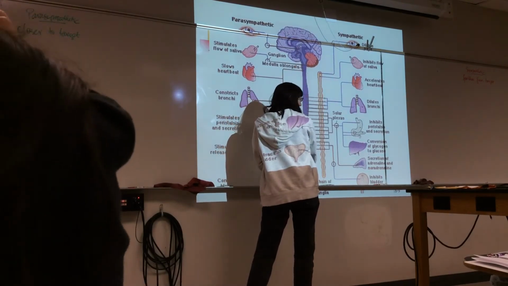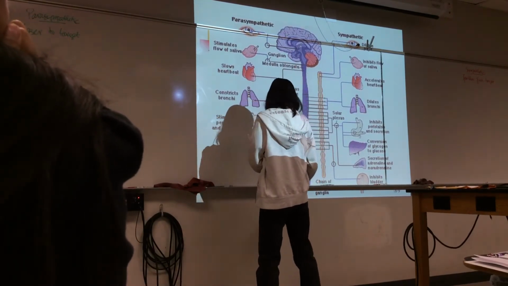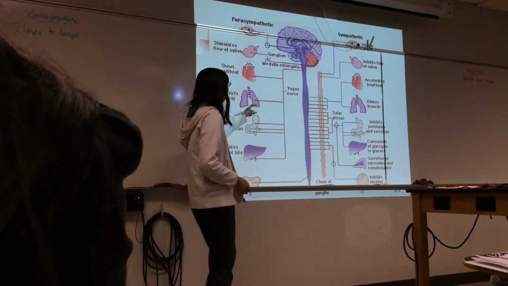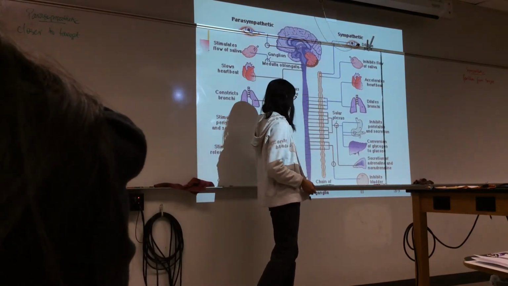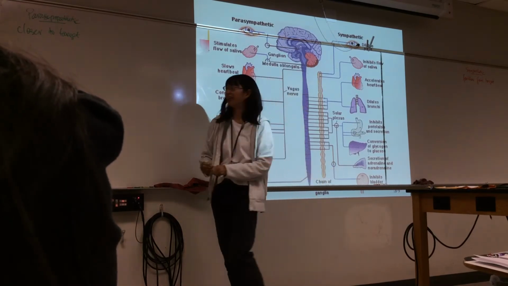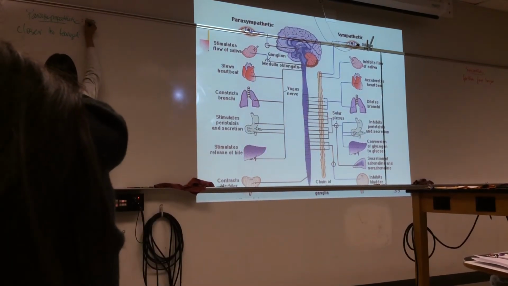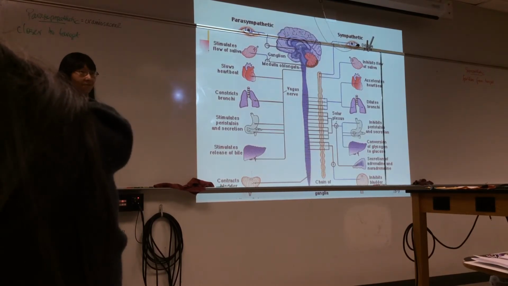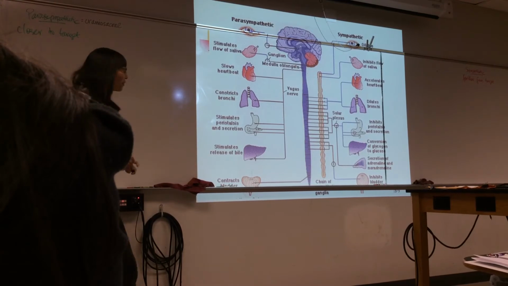Top and bottom. Agree? So the nickname for parasympathetic is cranial sacral. Okay. Cranial sacral. You like that name? Yeah. It's top and bottom.